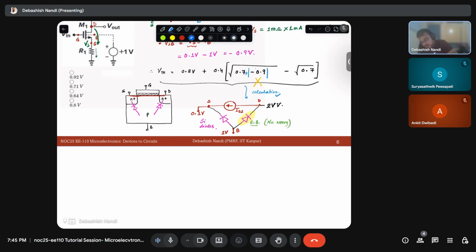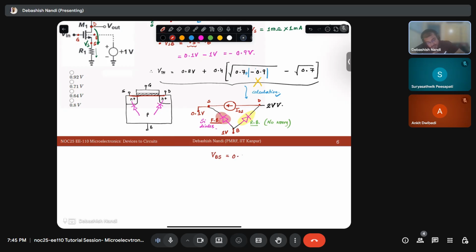What is the condition on this one? Forward bias. Exactly, so this is forward biased. There I have a huge problem. Can you see why? What is the diode voltage across this? What is VBS?